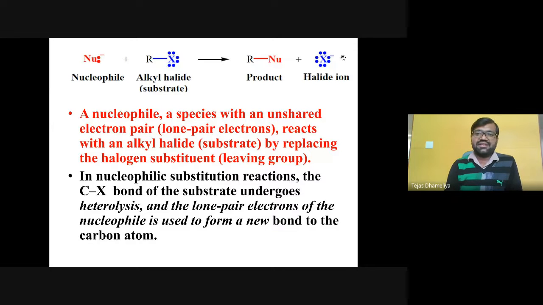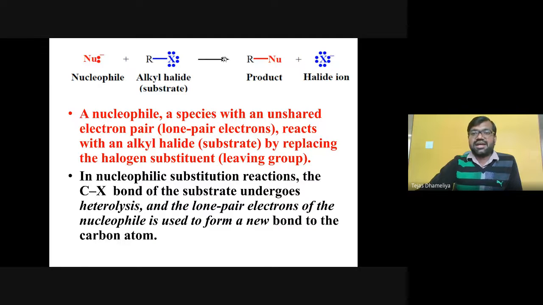What is happening in this reaction? Here, the halide ion is removed, and the position of the halogen is captured by this incoming nucleophile.